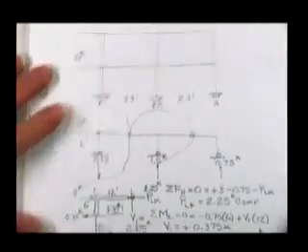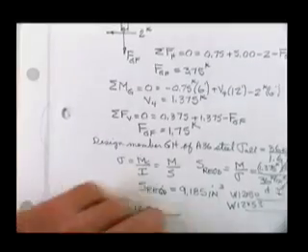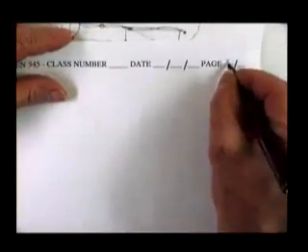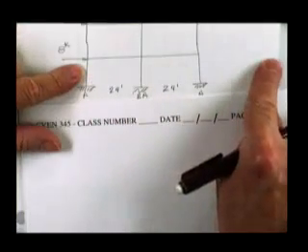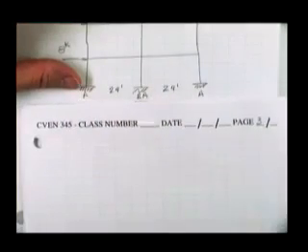All right, so that's how you use it, and that's just how quick you can get an initial guess as to the size of these members. Now there's a second method. This method works really well on buildings that have a whole bunch of bays and not too many stories.